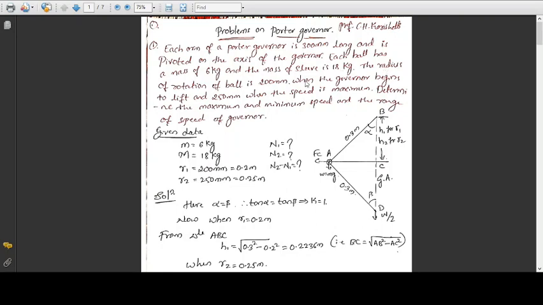The radius of rotation of the ball is 200 mm when the governor begins to lift and 250 mm when the speed is maximum. Determine the maximum and minimum speed and the range of the speed of the governor.